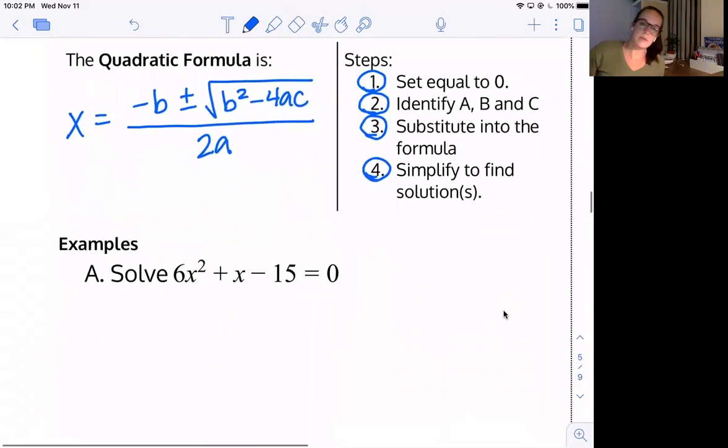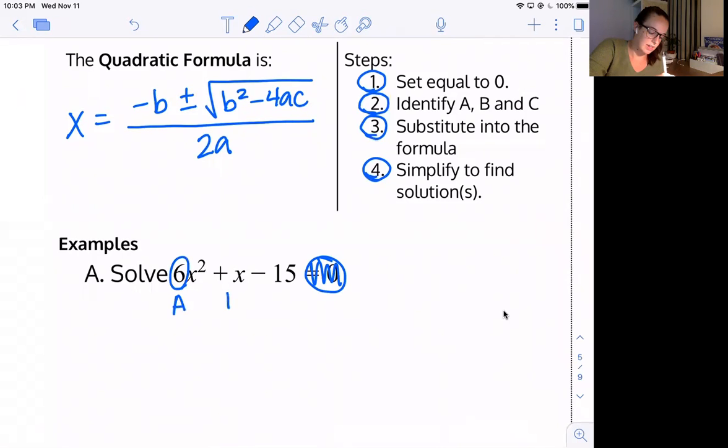So we'll start with this from here. It says we need it to be set equal to 0. Since we see that it's equal to 0, that is good. That means we can continue on with this problem. Step 2 is to identify a, b, and c. So a, b, and c are the coefficients of the x squared, the x, and the number. So 6 in this case would be a.